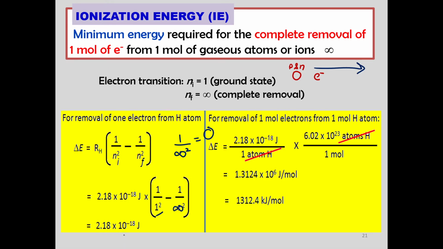So this is the energy required to remove. Sometimes the question says find the ionization energy to remove an electron from n equal to 2. It just means changing this to 2. That is usually it for ionization energy questions.